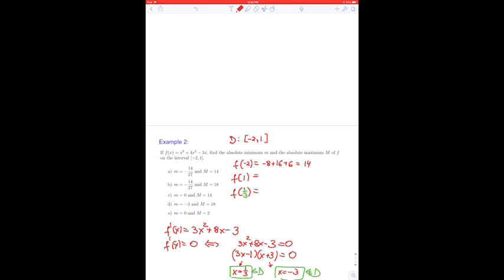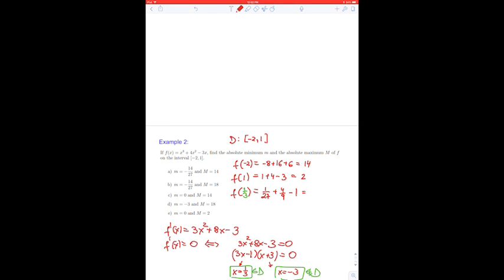Okay, 1. 1 cubed, 4 times 1, 3 times 1. 5 minus 3, 2. Okay, and 1/3 cubed will be 1/27 plus 4 times 1/3 squared, which will be 1/9, 4/9, minus negative 3 times 1/3 is 1.